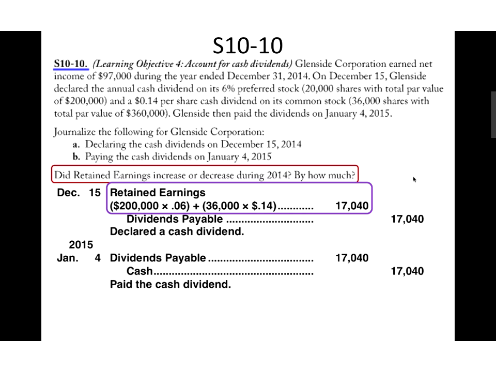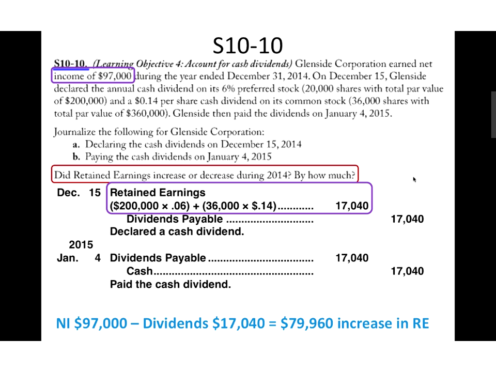But we're not done. Retained earnings is also impacted by net income. And back at the very top of the problem, where it says income of $97,000, that would have increased retained earnings. So net income of $97,000 would have increased retained earnings.